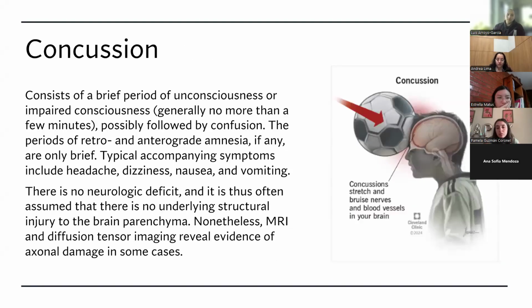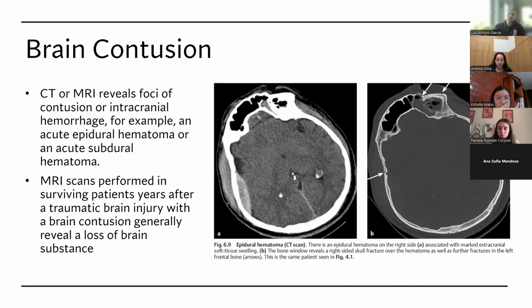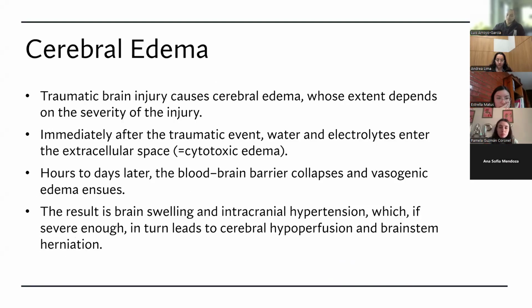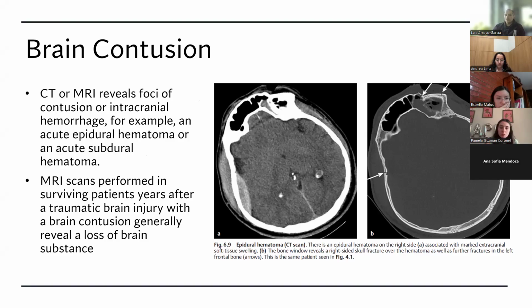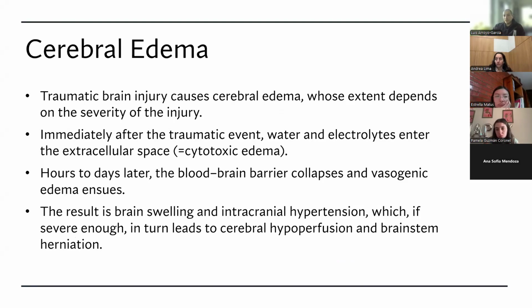So if we go back, we're talking about the concussion, where nothing happened. You just got a bit of inflammation. You got a hit, and then you have a brain contusion, when you are actually having damage in the brain, and this is linked to the cerebral edemas.